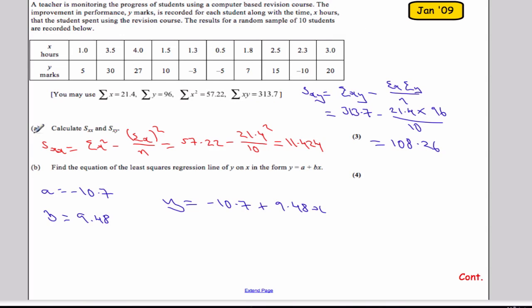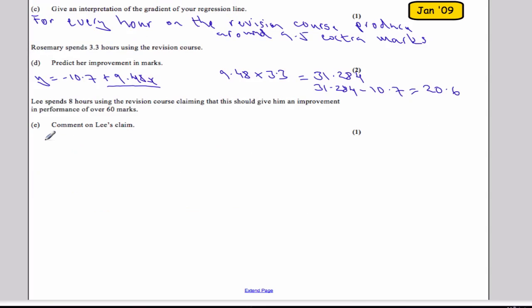Now the one thing I would be wary of is the fact that 8 hours is well outside the range of data collected. Because it's only for 1 mark, I'm not even going to do the calculation.